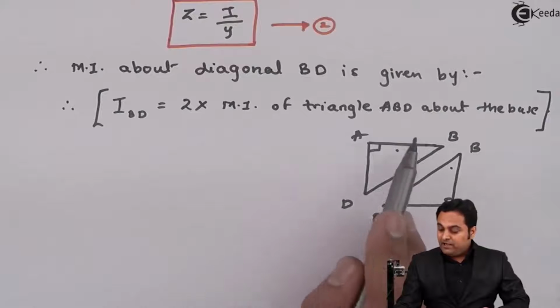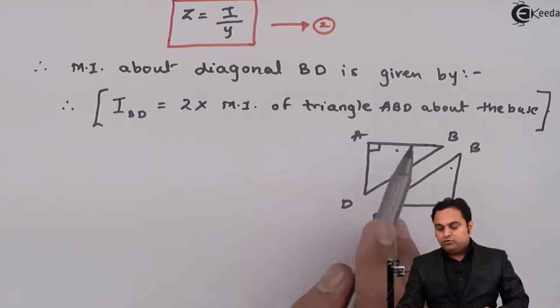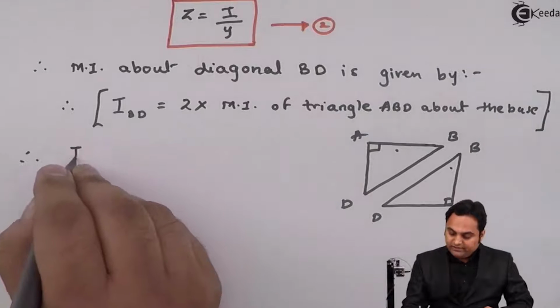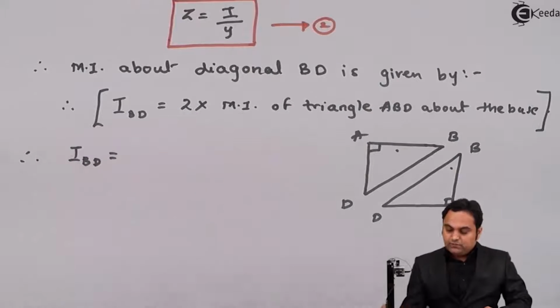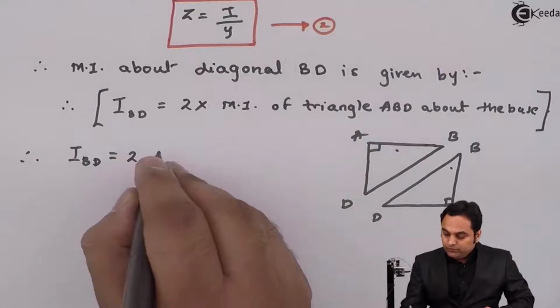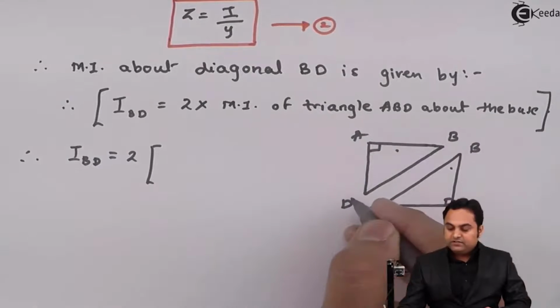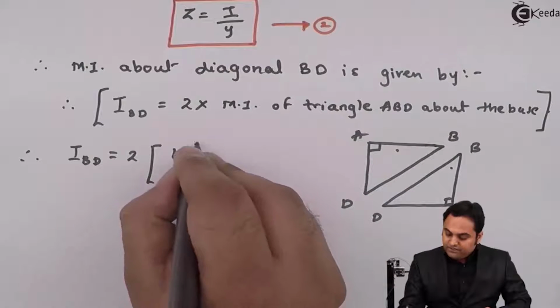So if I find MI about any one triangle about the base, simply I have to multiply it by 2. So therefore here I'll write down I BD is equal to 2 into, now moment of inertia formula for the triangle about the base, it is given by BH cube by 12.